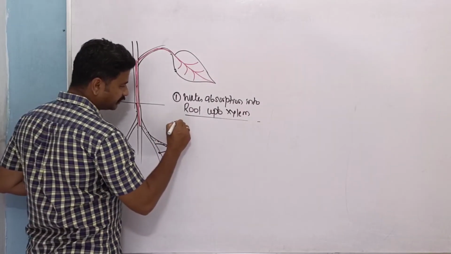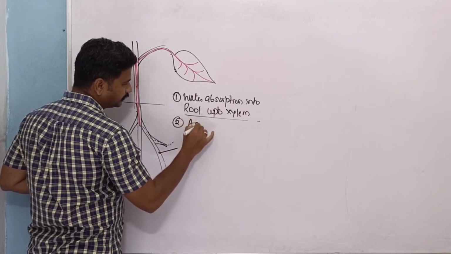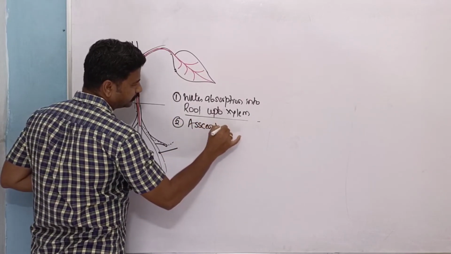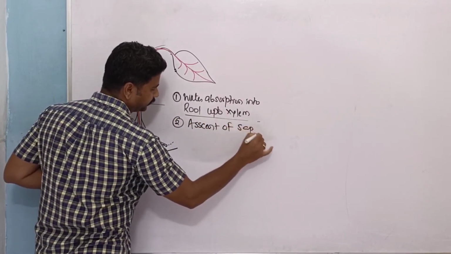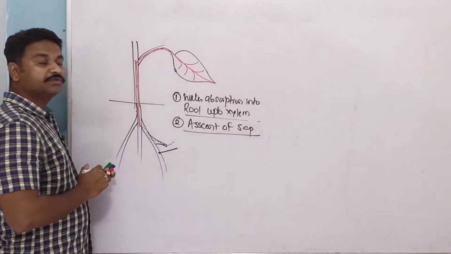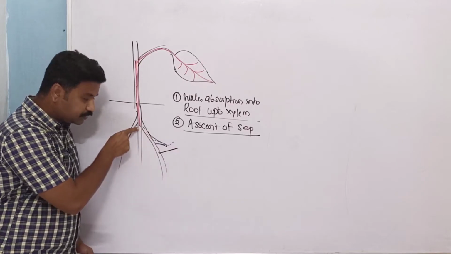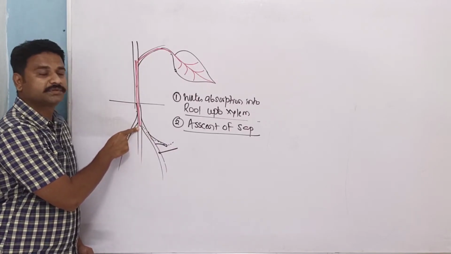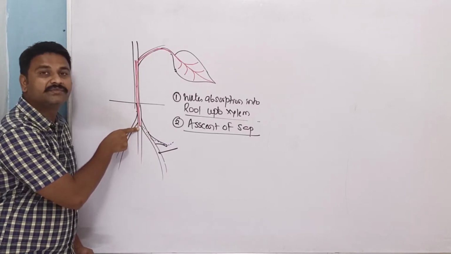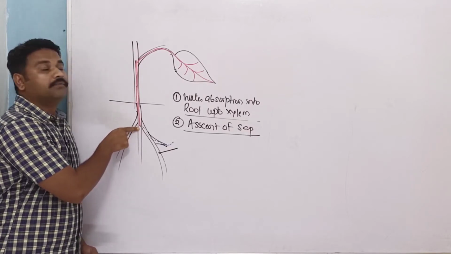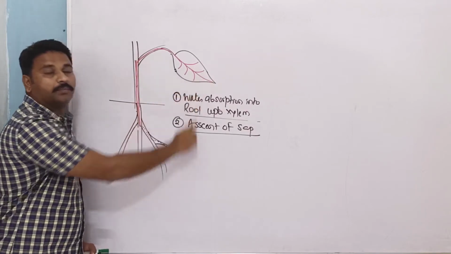Okay, so there is second process which is called as ascent of sap. So in the first process the water will get absorbed up to the xylem, and in the second process the xylem vessels will conduct the water from the root up to the tip of the leaf.